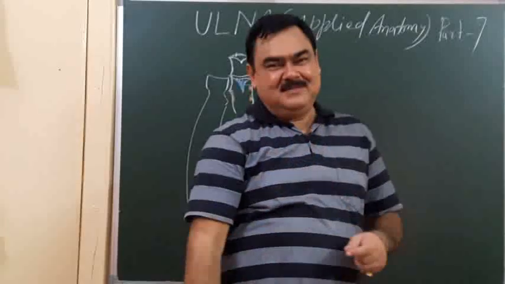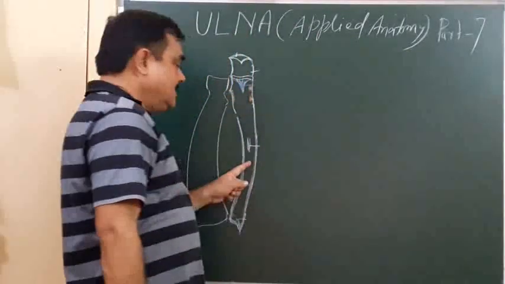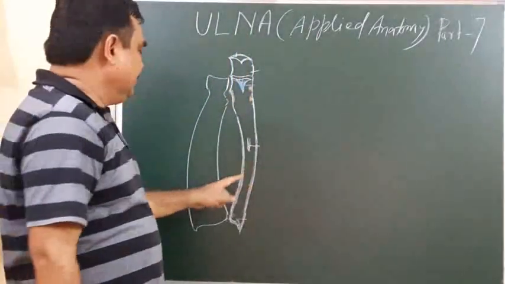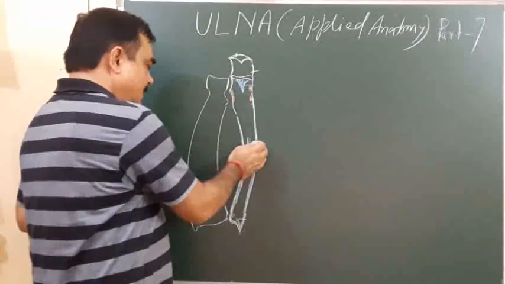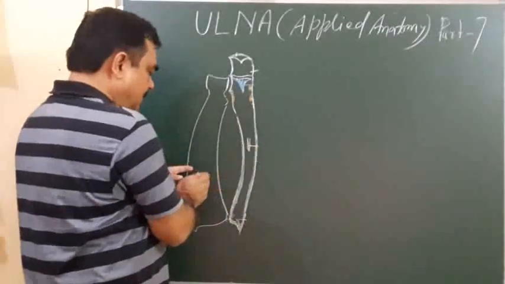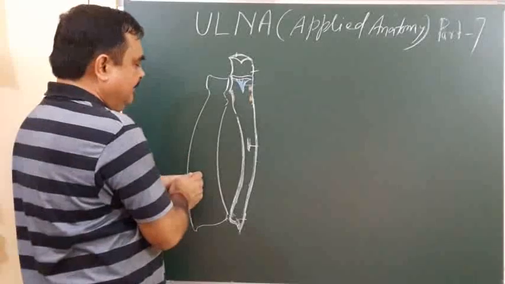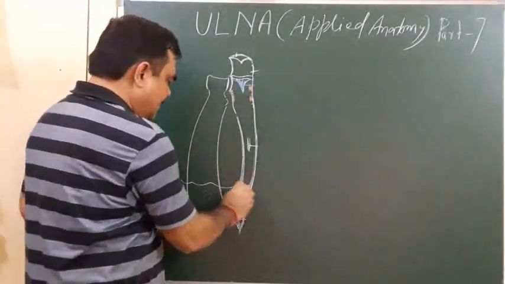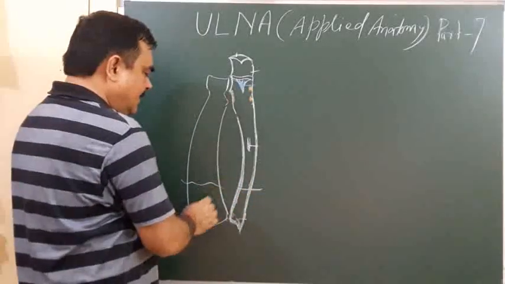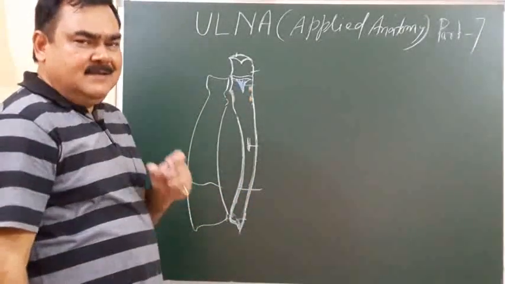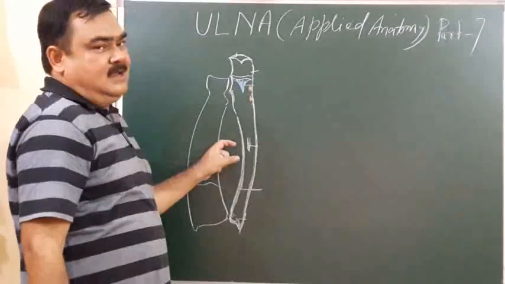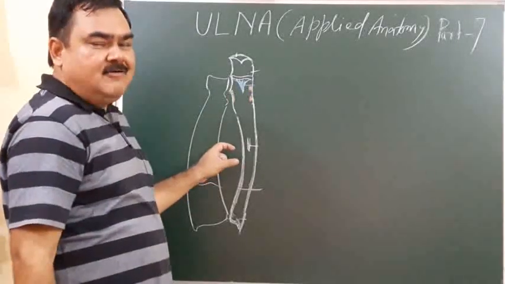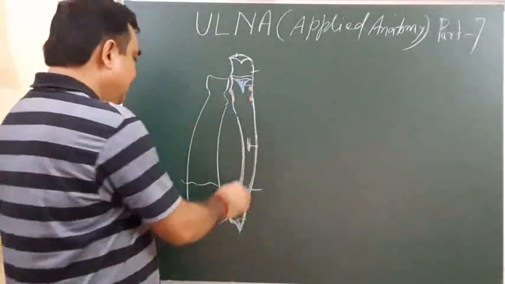Now the applied aspect of the ulna. This ulna may fracture singly or with the radius. If both bones are fractured, then sometimes there may be a chance of cross union.